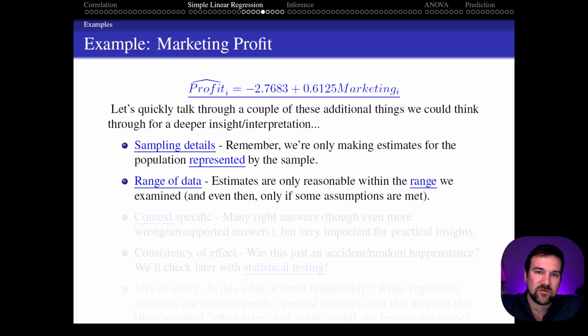So if I have a lot of data right around $7,000 of marketing, a little bit above, a little bit below, I feel a lot more confident in predictions that I'm making about the profits that I'm going to see when I have a $7,000 marketing budget, compared to if I have virtually no observations around that. Even in this data set, you'll see in the middle, there are very few observations. So extrapolation isn't just being outside of the range, in terms of predicting what'll happen if I have a $90,000 marketing budget and the highest I had in my sample was $8,000.